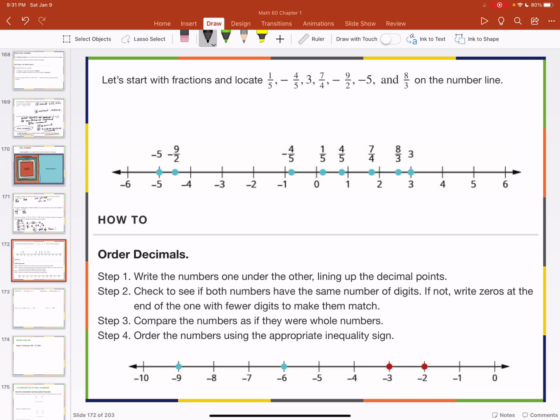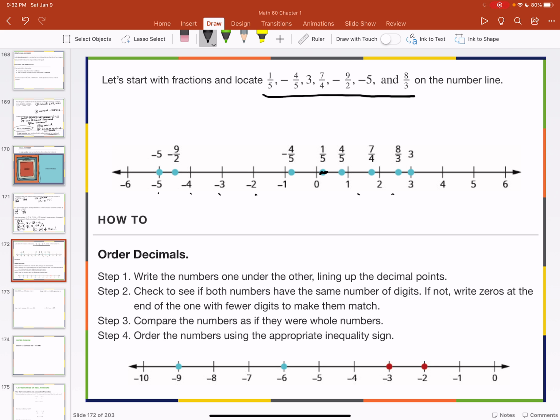Okay. All right. So now let's talk a little bit about ordering of fractions on the number line. So here's the number line: 0, 1, 2, 3, 4, 5, 6, and you have -2, -3, -4, -5. Let's see if we can locate these on the number line. So 1/5 would be just to the right of 0.